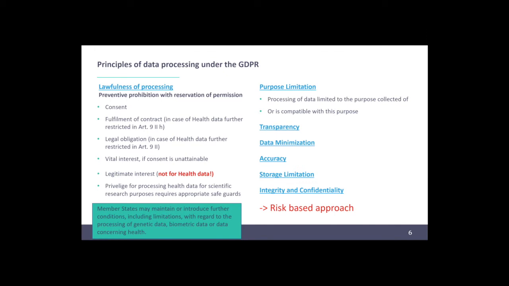If you want to take your scientific research and make it into a product, then you need to make sure that your product, actually the use of this data for the product, is in line with GDPR, and you lose the privilege if you start using the scientific research for financial reasons.